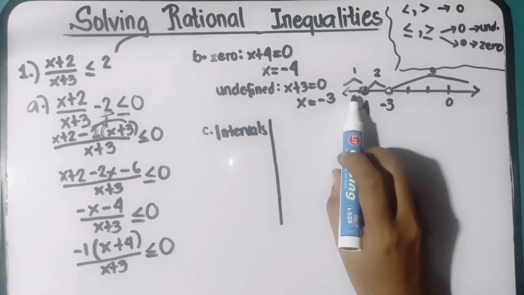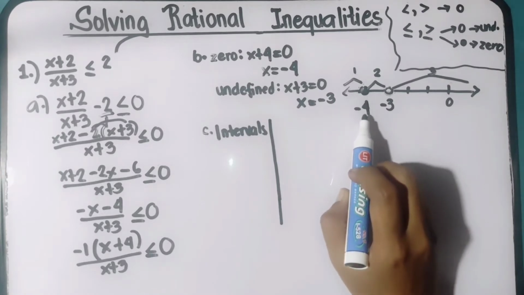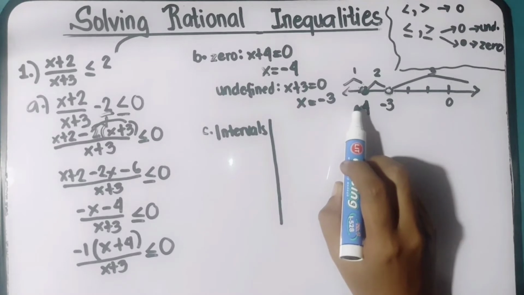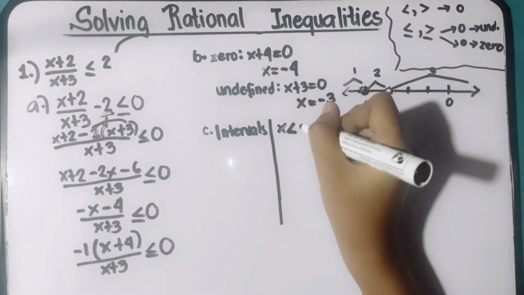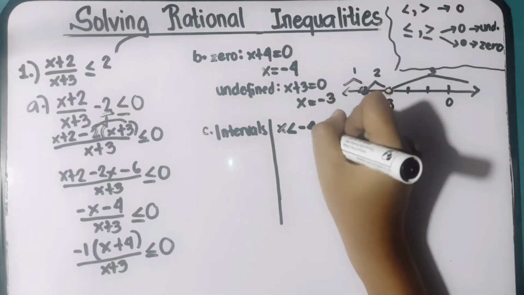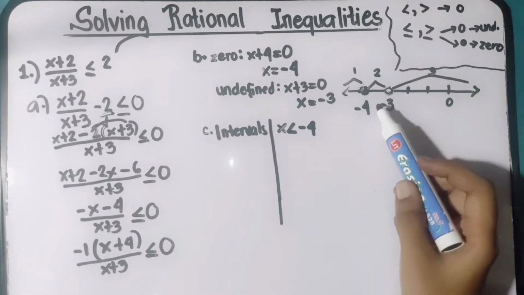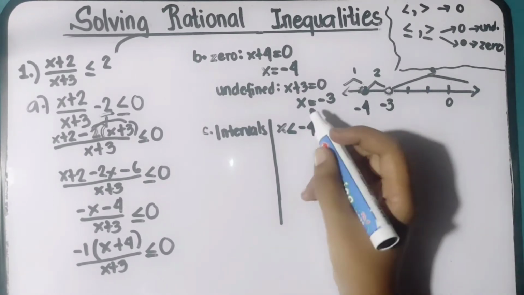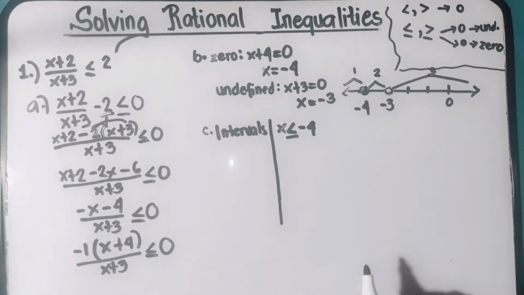First is this area. The values here are less than -4. So the first interval is x less than -4. Since -4 uses a shaded circle, we will also use "or equal to" in the inequality symbol.